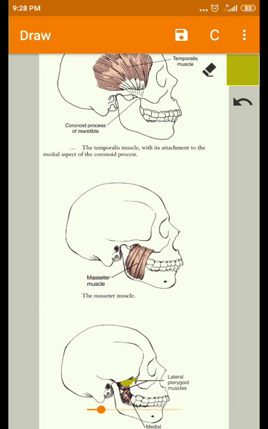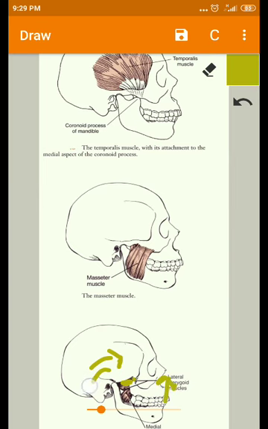Here the purpose of this activity is to rotate the disc anteriorly on the condyle. That means the disc has to rotate forwardly on the condyle and the condyle moves back. So if the condyle rotates back, the mandible is getting elevated.